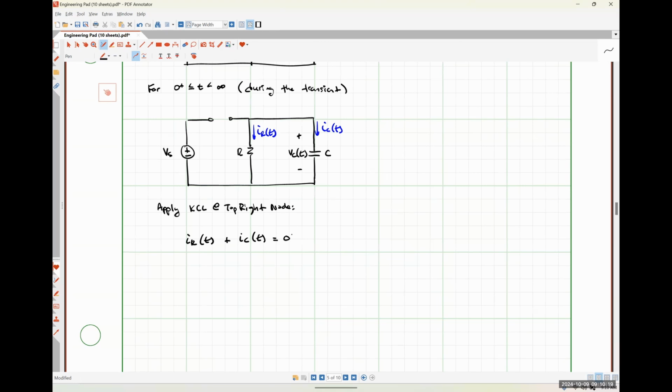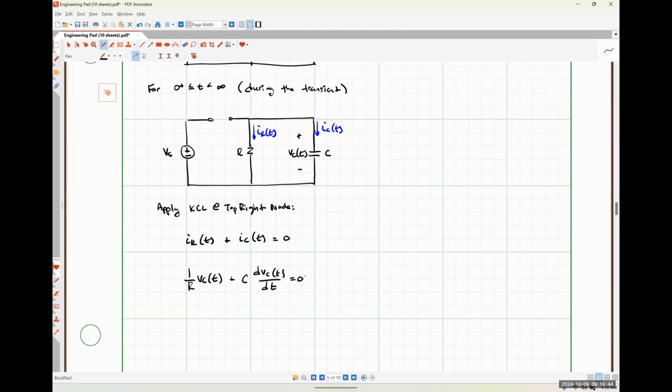I can express both of those currents in terms of that common voltage VC. So according to Ohm's law, that's going to be 1 over R times VC of t plus C times the derivative of VC of t is equal to 0.